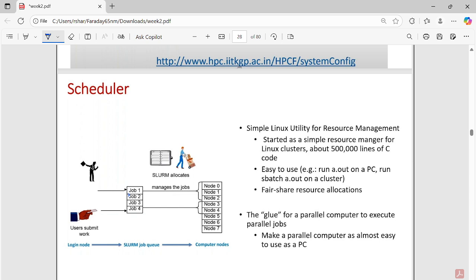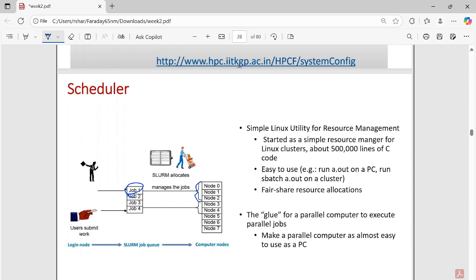The idea is that X number of compute resources are known to the scheduler as part of the configuration, which means how many nodes I have, how many CPU cores those nodes have, how much memory, and how much GPU. All those are known to the scheduler, which is going to manage this scheduling task.